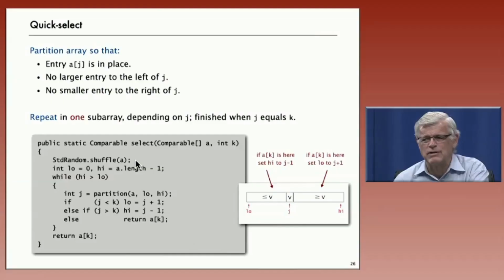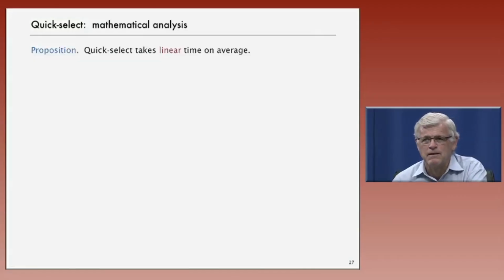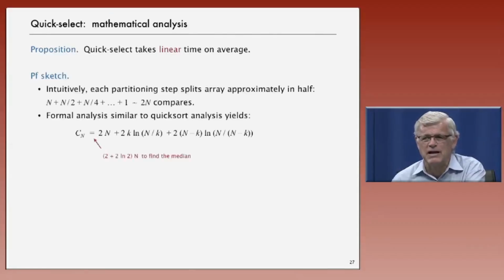Notice again that it depends on the random shuffle at the beginning. That's going to be important for performance. All right, so there needs to be a mathematical analysis to characterize the running time of this program. And the fact is that QuickSelect, this method, takes linear time on the average. We won't give the full proof.